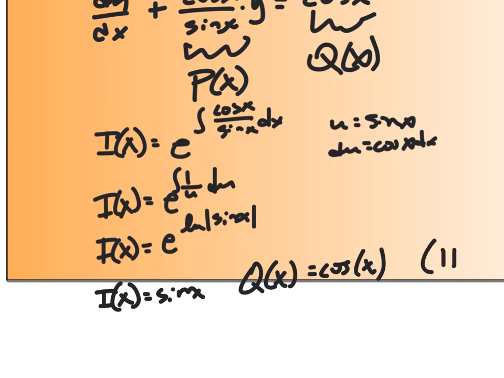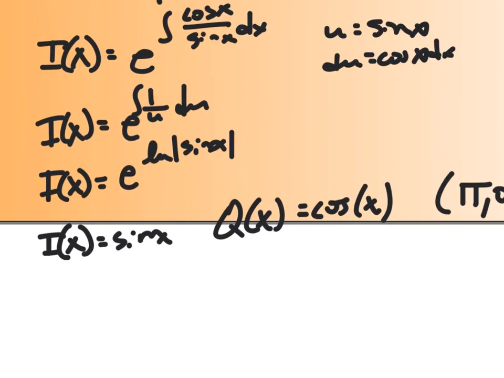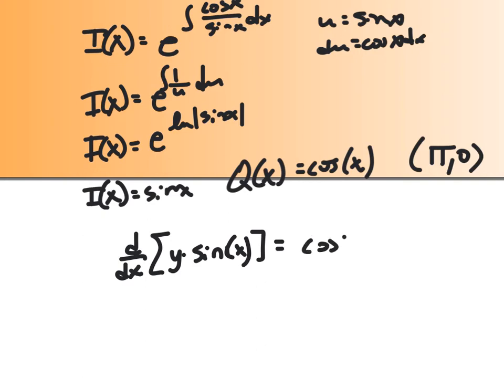And we know our initial condition was pi comma 0, so now we can roll with this. d dx of y times I of x is equal to q of x times I of x, cosine x sine x.